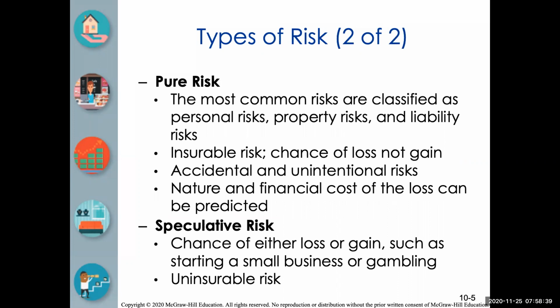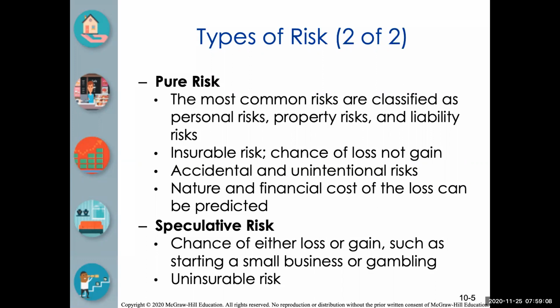Which leads us to the two different types of risk that exist. We have pure risk, which is the most common type of risk. We classify these as personal risks, property risks, and liability risks, all of which have the possibility of financial loss. This is also what we call the insurable risk.